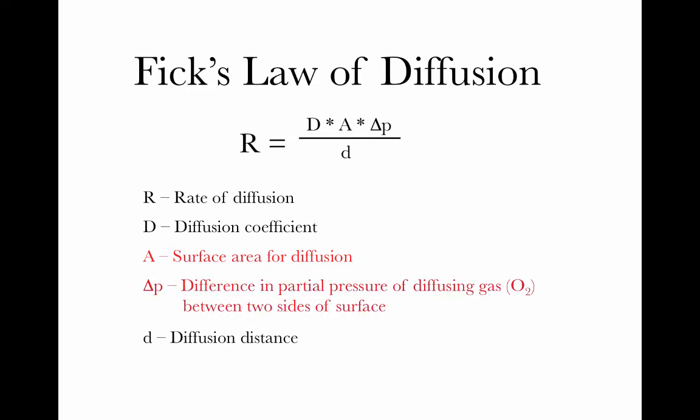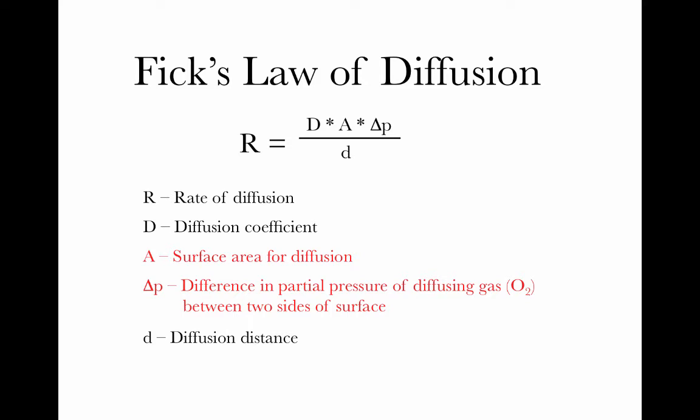Delta P is the difference in partial pressure of the diffusing gas. We can also think of this as just the concentration of the material that's being exchanged between the two sides of the surface or wherever that diffusion is occurring. What's the difference in concentration, or if we're talking about a gas, the gas partial pressure.